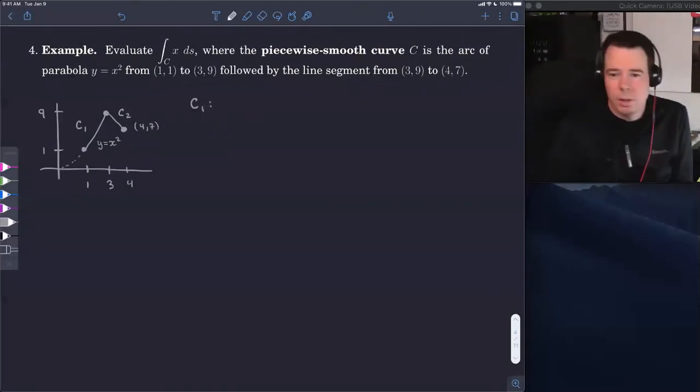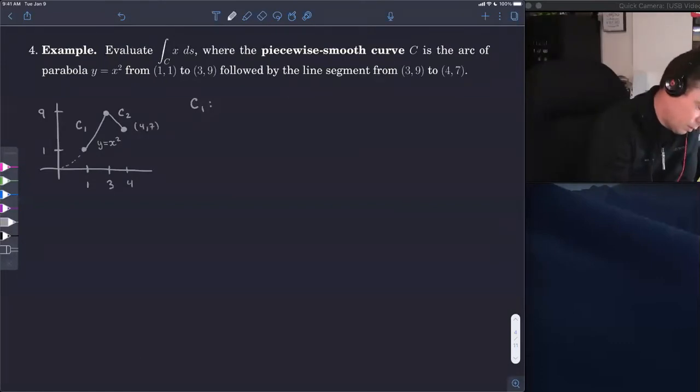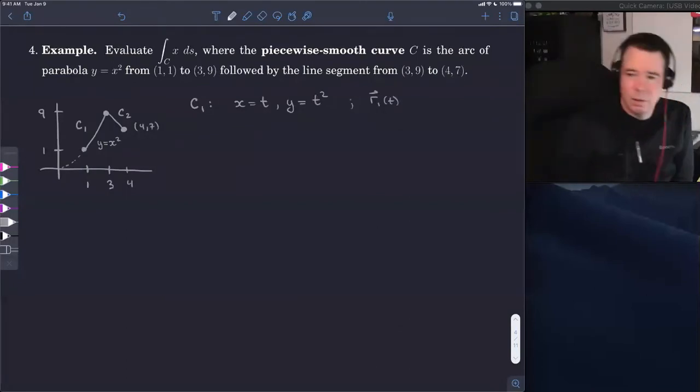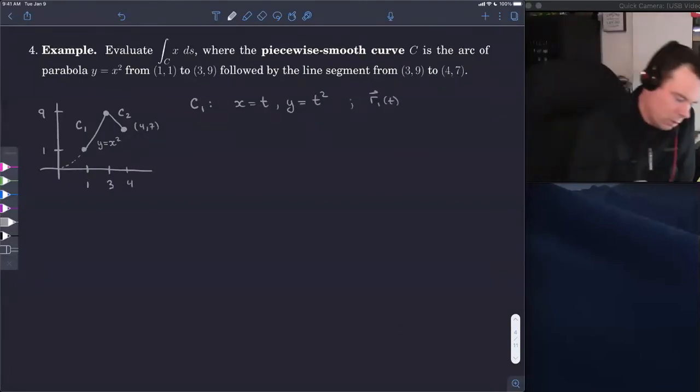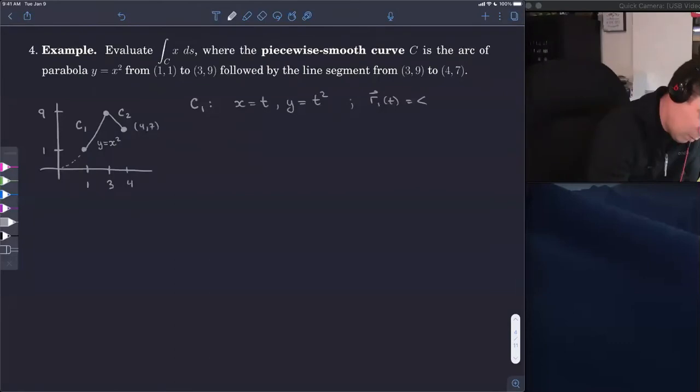To find the integral along C1, we're going to have to find a parameterization of the C1 curve first of all. So what is our parameterization of the C1 curve? Well, x can be given by our parameter t, and therefore y is t squared. In other words, if we wanted to write it as a parameterized curve r1 of t, that would be t, t squared.